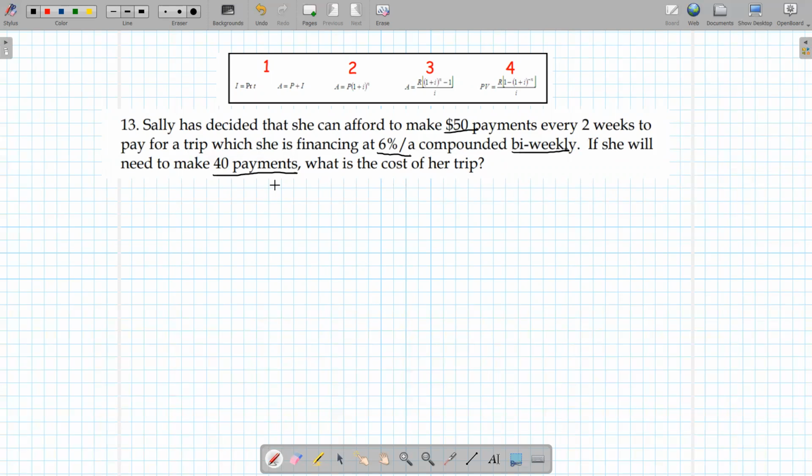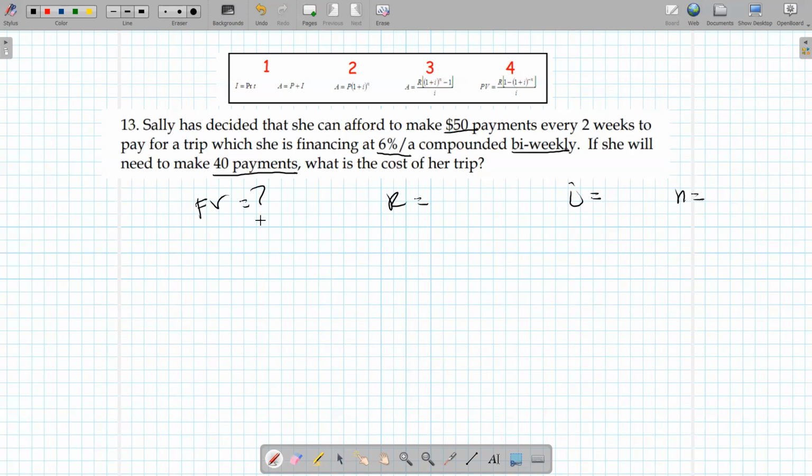Future value. That's right, future value. So it's that one. So what do we know? FV, R, I, and N. FV is the unknown.